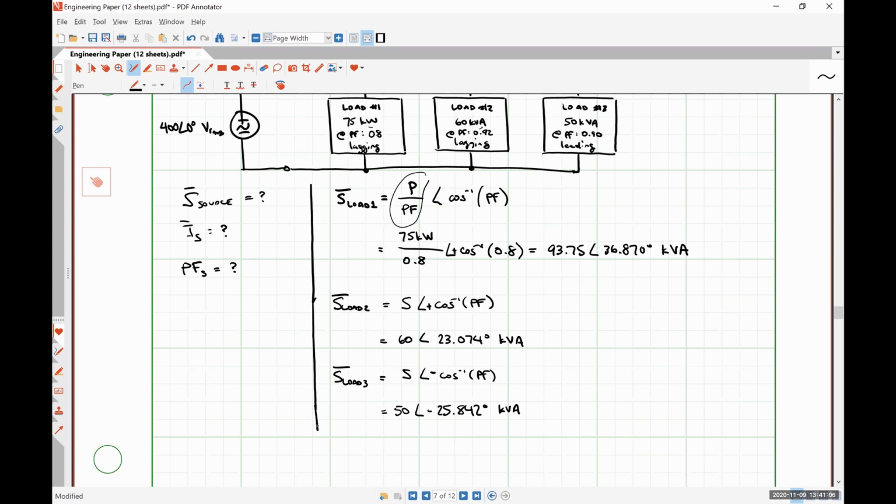So we have determined the complex power absorbed by our three loads. How can we use that information to determine the complex power supplied by our source, or, sorry, this should be an RMS current leaving our source, or the power factor at which our source is supplying power?